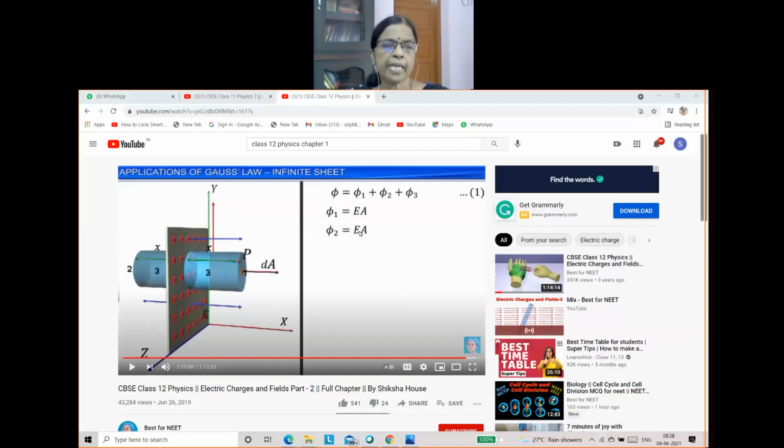So total flux will be phi 1 plus phi 2 plus phi 3. But phi 3 we have to take 0 because the angle between area vector and electric field is 90 degrees. So E ds cos 90 becomes 0. Phi 3 is 0. Clear, children?